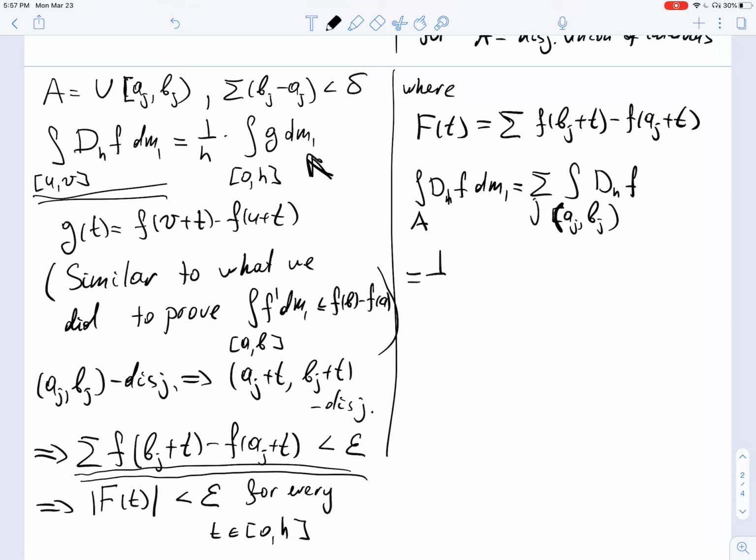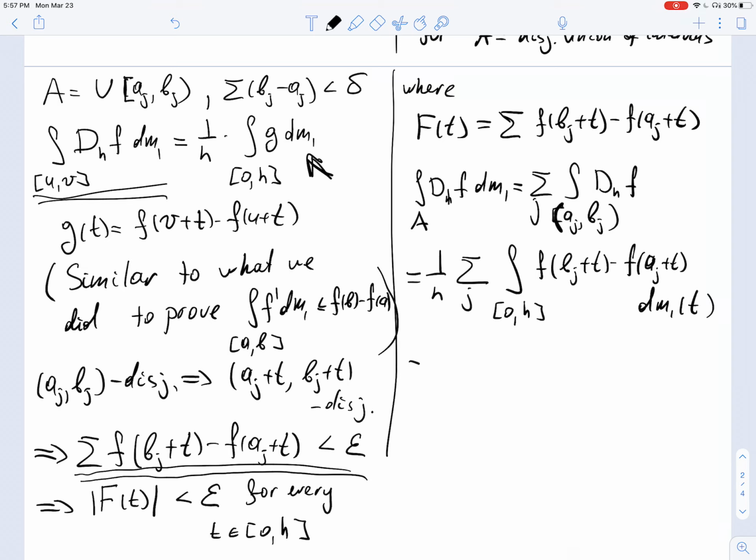So this is 1 over h, sum over j, integral from 0 to h, which doesn't depend on j, of f of bj plus t minus f of aj plus t dm1 of t, I should write.